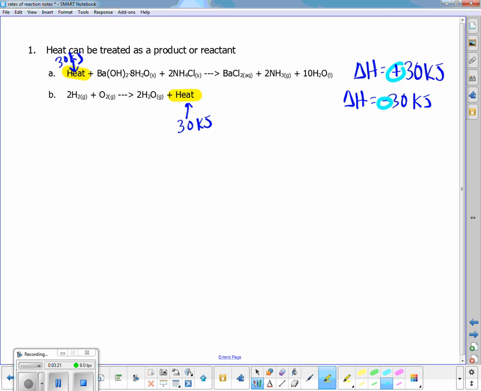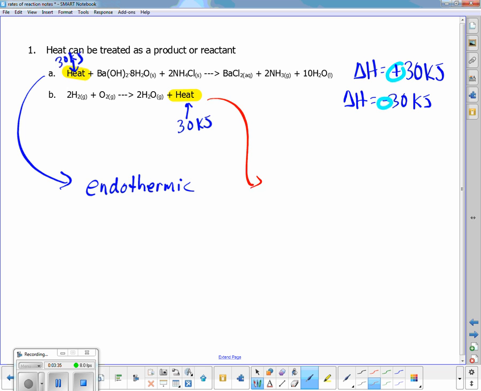And you remember, if it was added in, then it was endothermic because I added heat in. And if it came out, it was exothermic. Okay, so we need to make sure we remember those words, vocabulary.